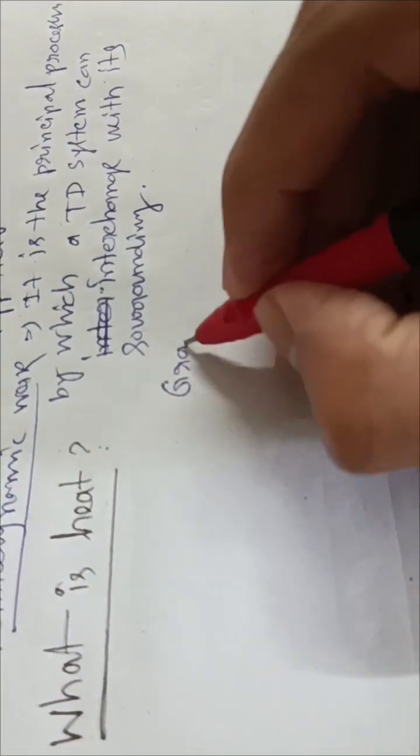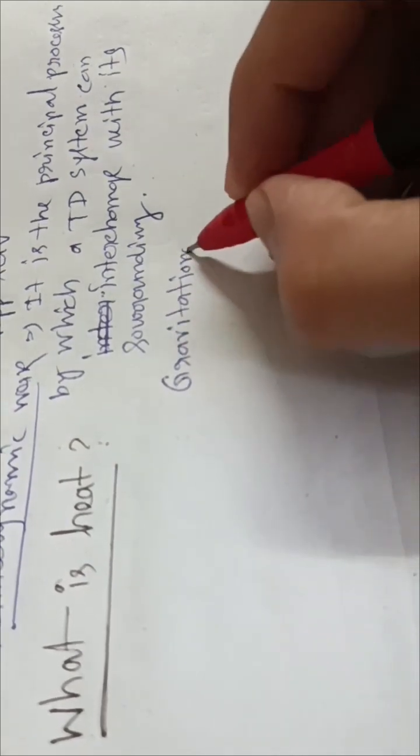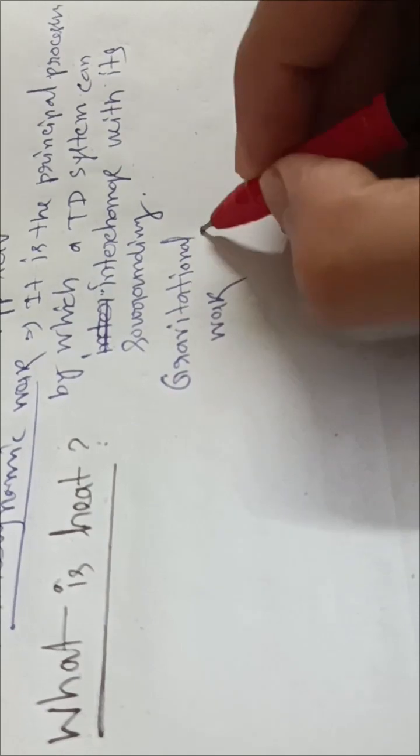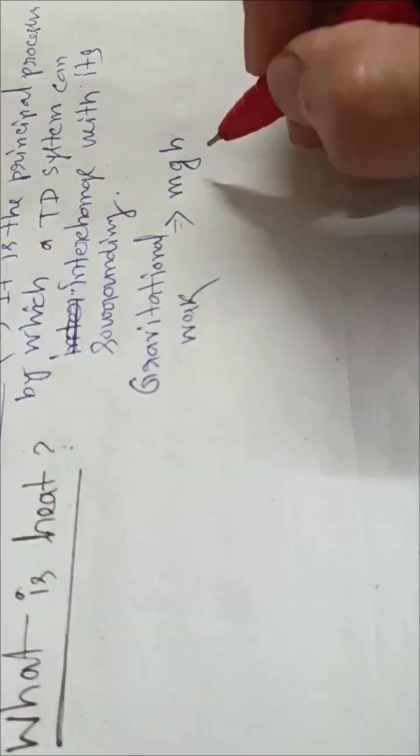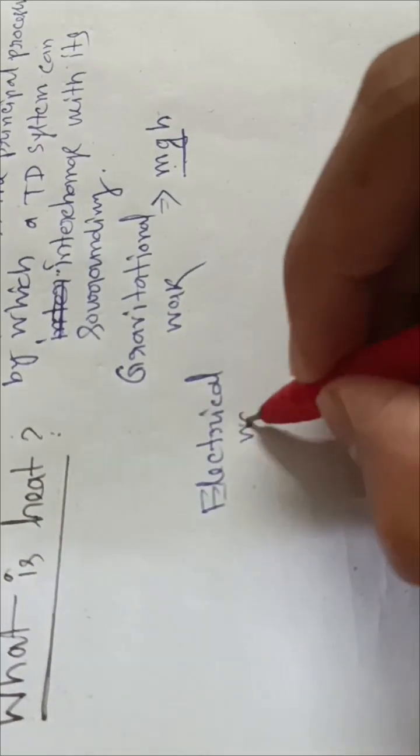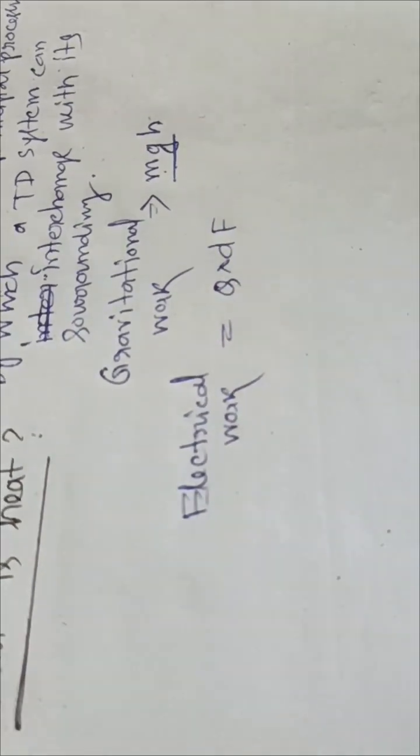Another work is gravitational work. What is gravitational work? We know that it is mgh, where g is the gravitational acceleration, h is the height, and m is the mass. Another work is electrical work, which is Q into dE, where Q means charge and dE is the potential difference.